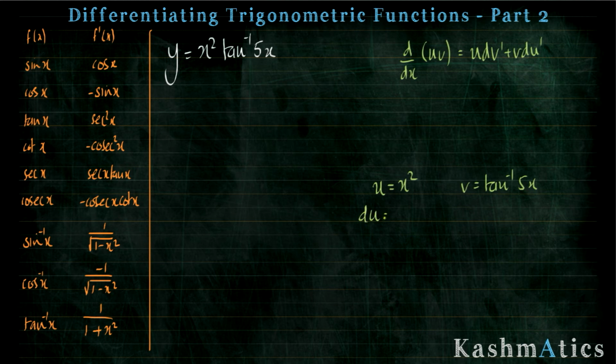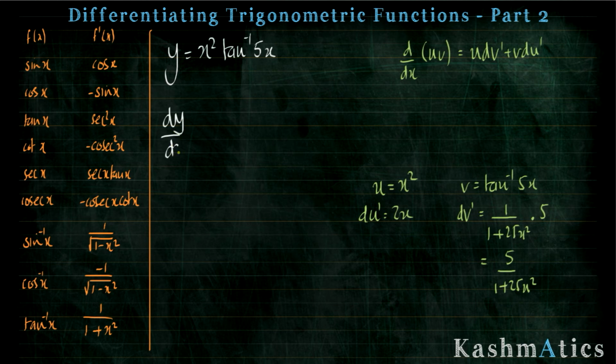Now du is straightforward enough, that's just going to be 2x, and dv, so inverse tan becomes 1 over 1 plus x squared, but I haven't got x, I've got 5x, so that would be 1 over 1 plus 25x squared multiplied by the derivative of this, which is 5. I'm just going to tidy all that up. That's 5 over 1 plus 25x squared. Right, so let's put all that together.